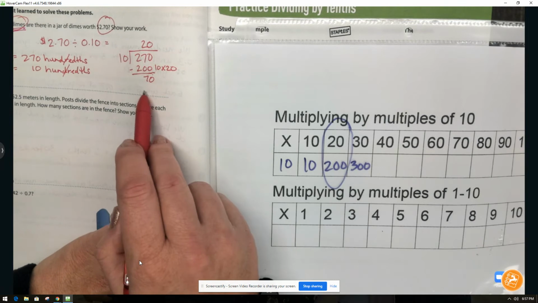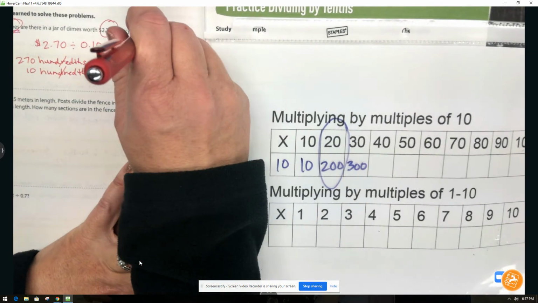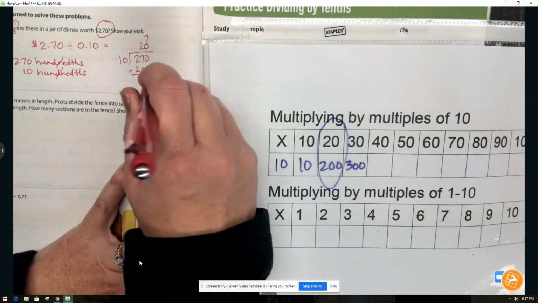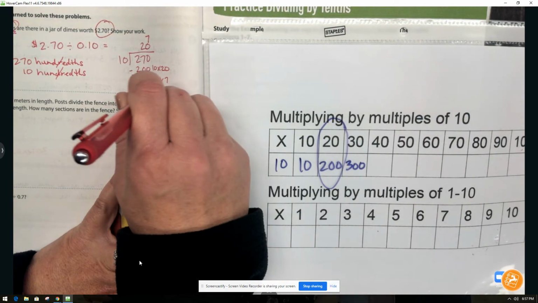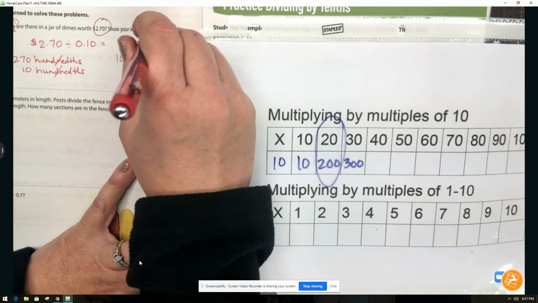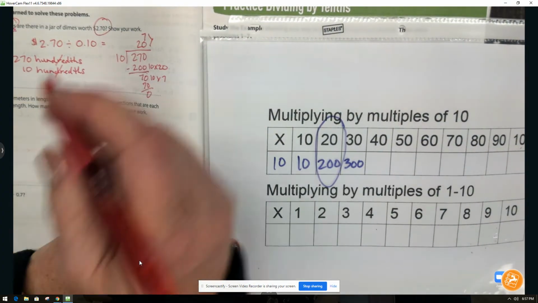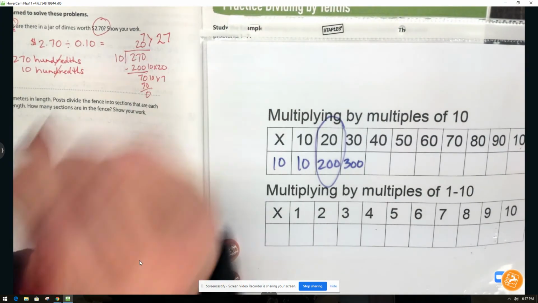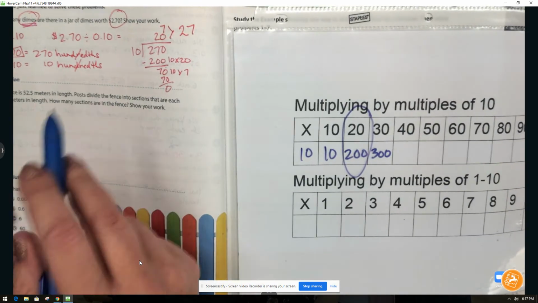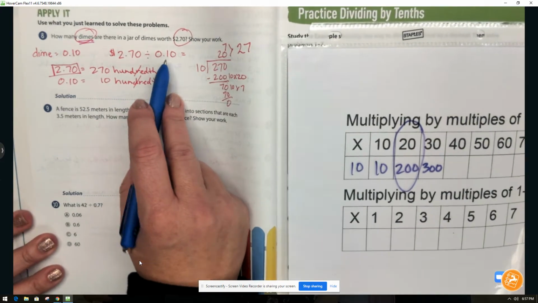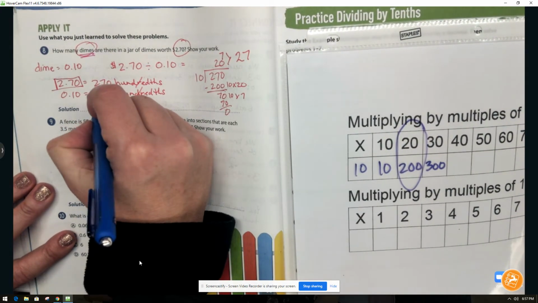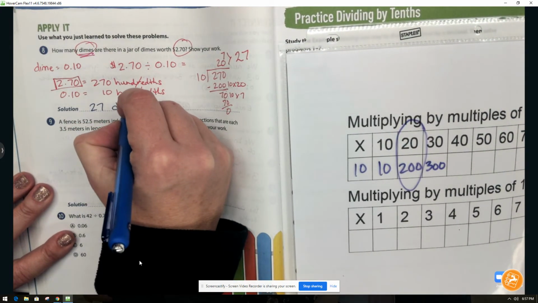So I know that 10 goes into 70 evenly 7 times. 7 times 10 is 70, and we get 0 left over. When I add together my two partial quotients, I get a total of 27. So how many dimes are there in a jar worth $2.70? There are 27 dimes.